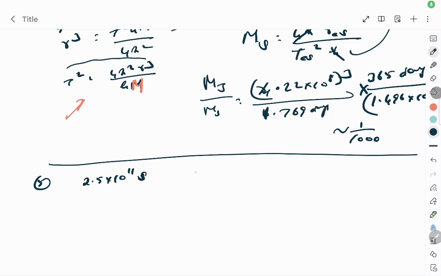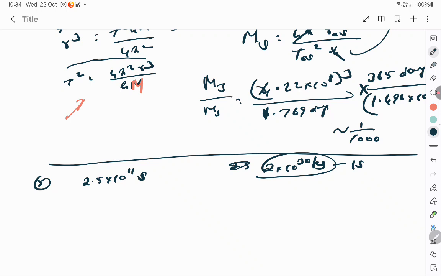This S stands for solar mass, okay, and the conversion is 1 solar mass is 2 into 10 to the power 30 kg.